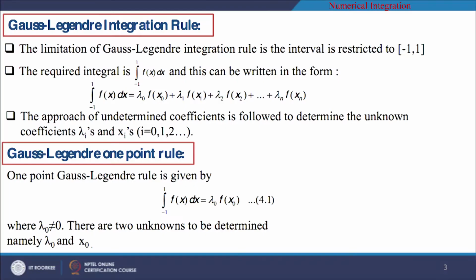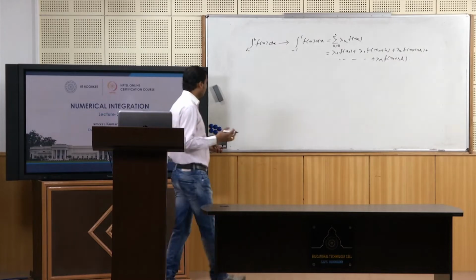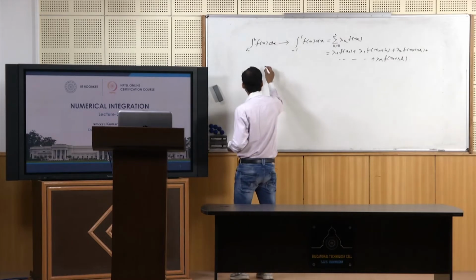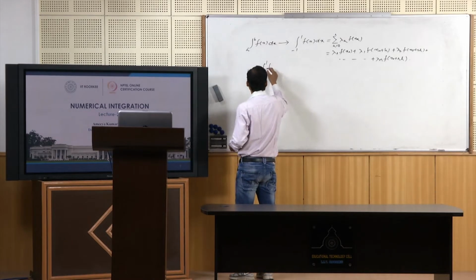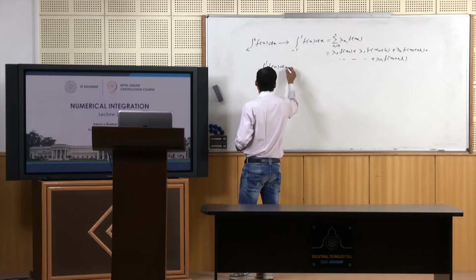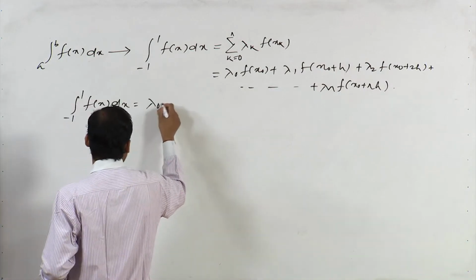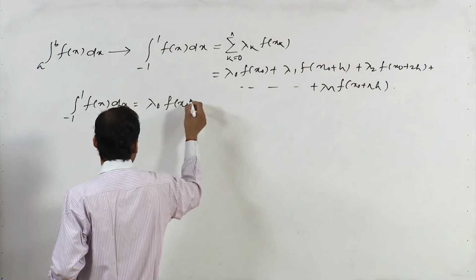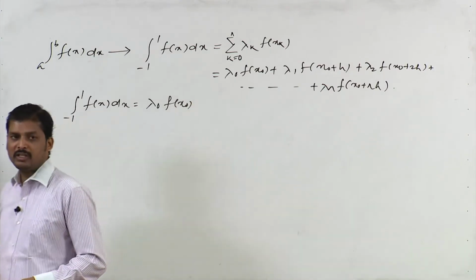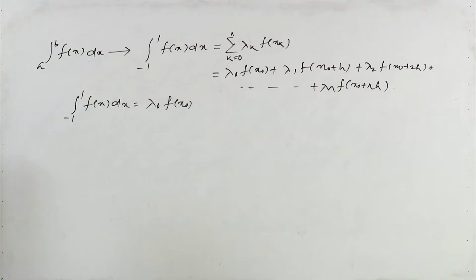So, first we will go for the Gauss Legendre 1 point rule, which is usually written in the form of integral -1 to 1 f of x dx. This can be written as lambda 0 f of x 0. Since we are considering a polynomial of degree 1 here, that is why it is called the 1 point formula.